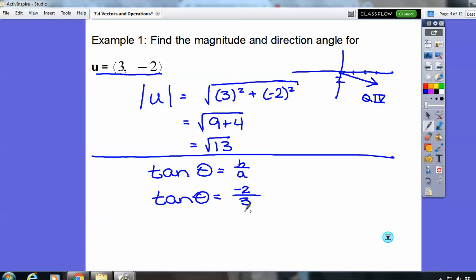If we want to do this, let's do a reference angle. Let's make sure we're in degrees. And let's do tangent inverse of positive 2/3. So 33.69 degrees. But we knew from this original vector we're in quadrant 4. So you do 360 minus that.